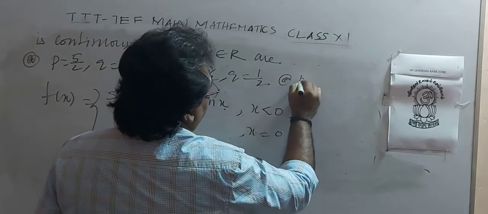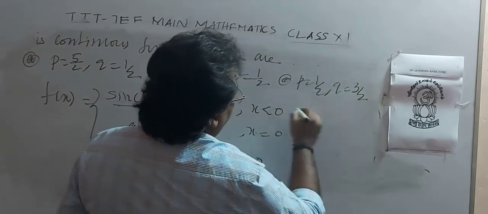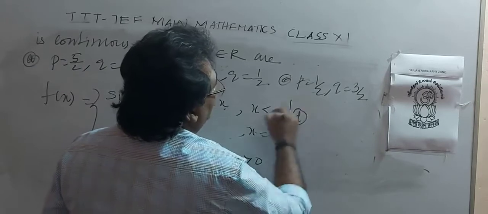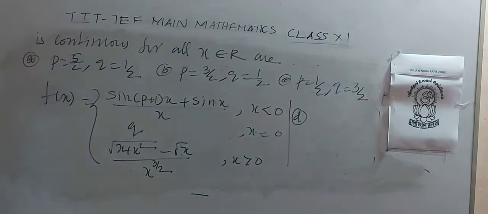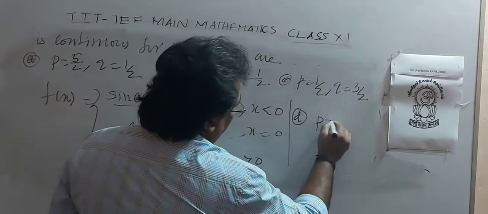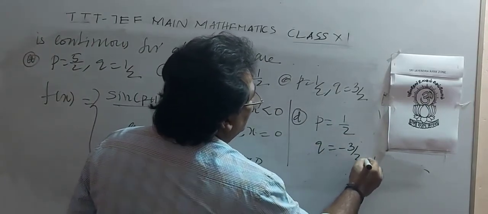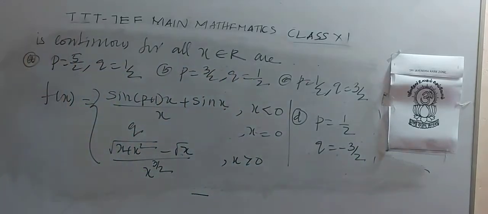Option C, p equal to 1/2, q equal to 3/2. Option D, p equal to half and q equal to minus 3/2.